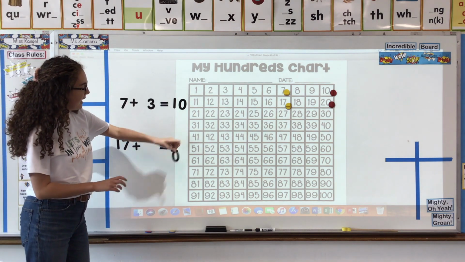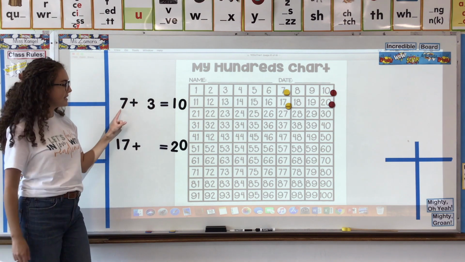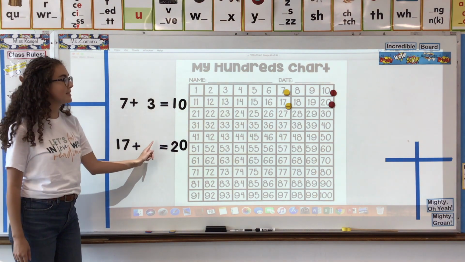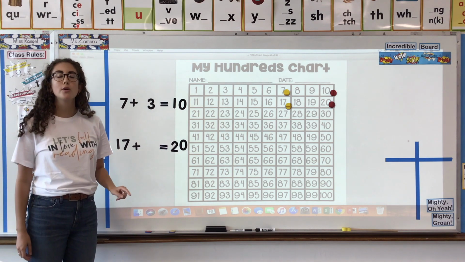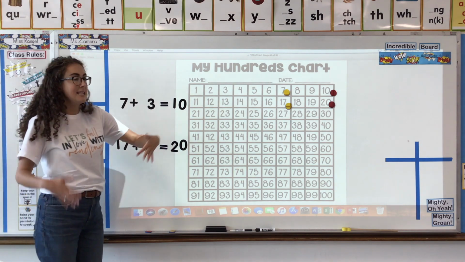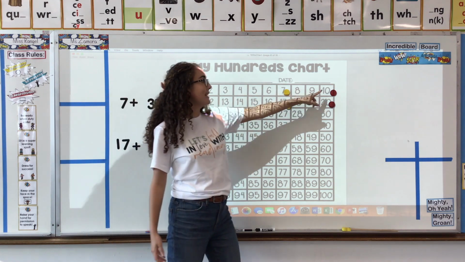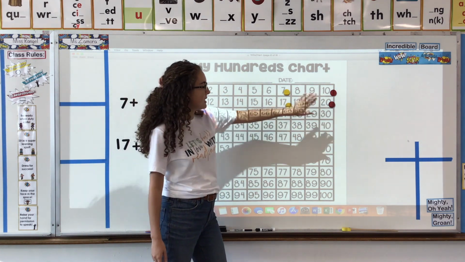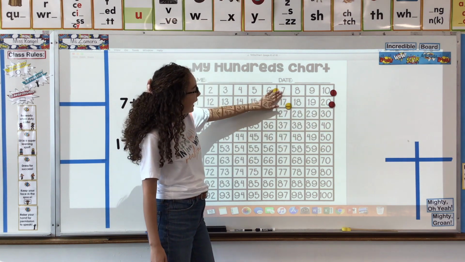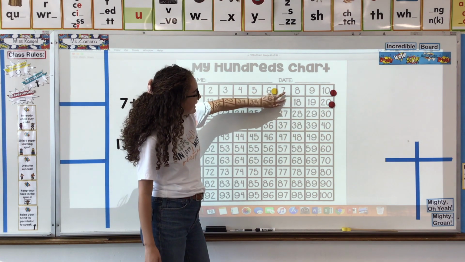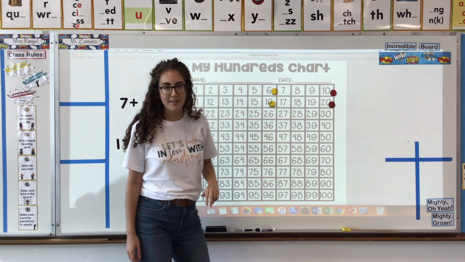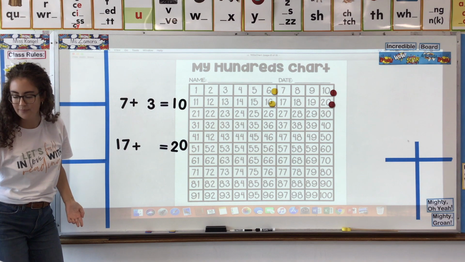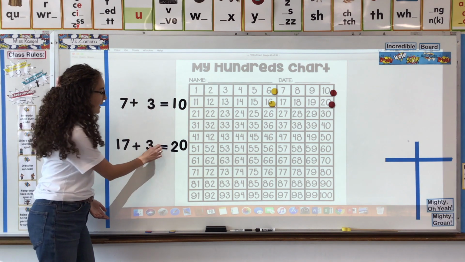So, if we know 7 plus 3 equals 10, 17 plus what will equal 20? It's the same amount to get from 7 to 10 as it is to get from 17 to 20 because they have the same number of ones. So what will go here? A 3.